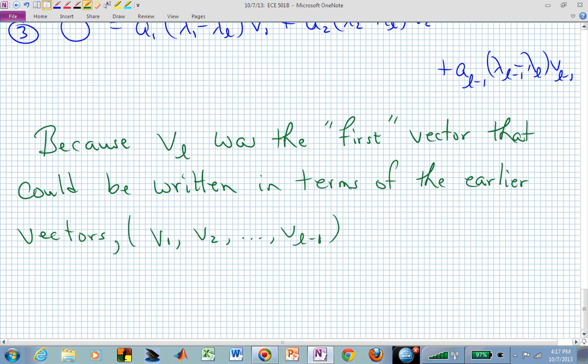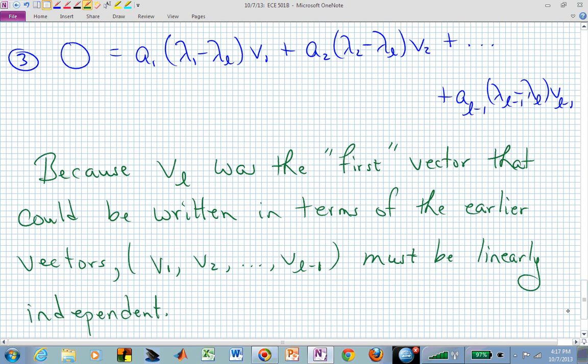Then these V sub 1 through V sub L must be linearly independent. And that linear combination of linearly independent vectors is equal to 0. That means we could have a couple of things happening.